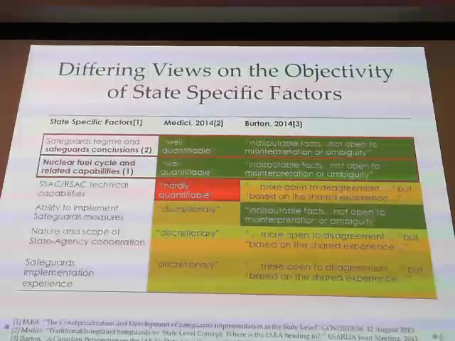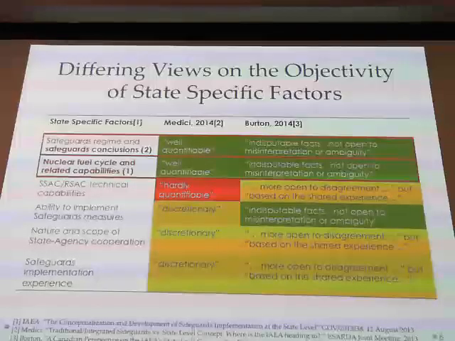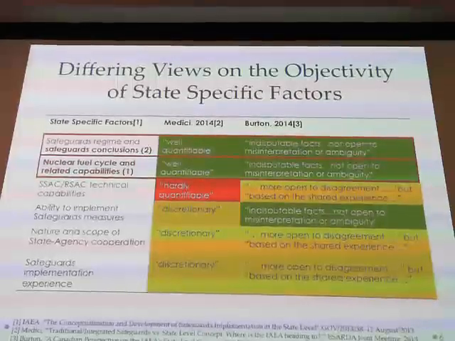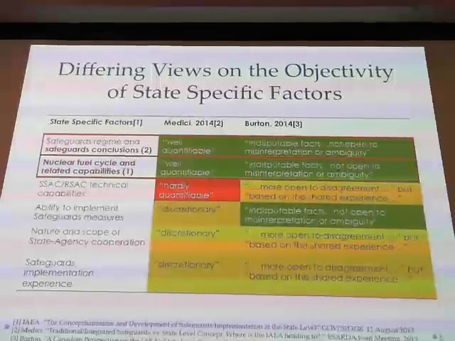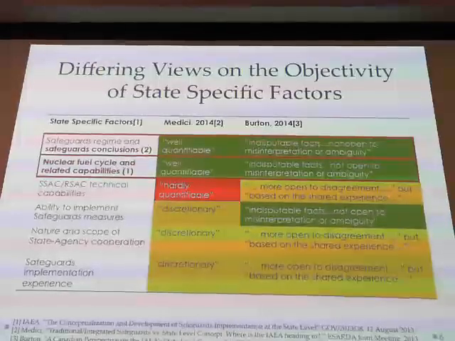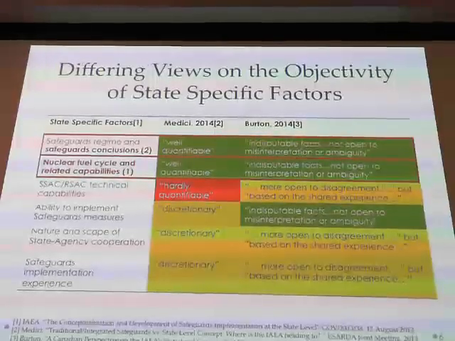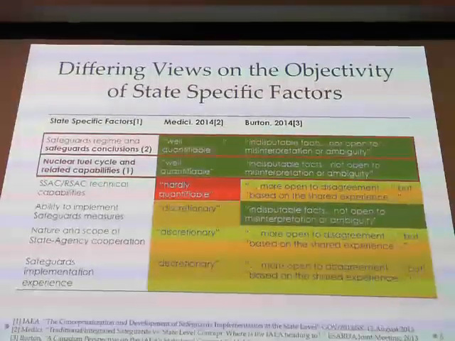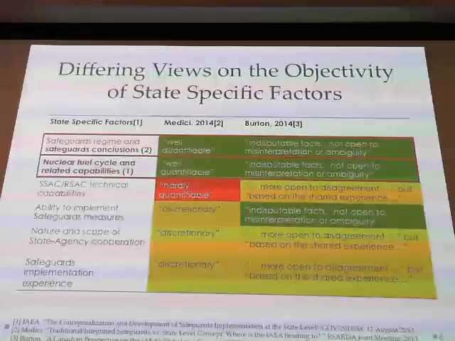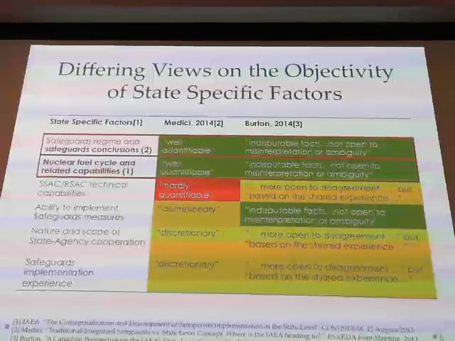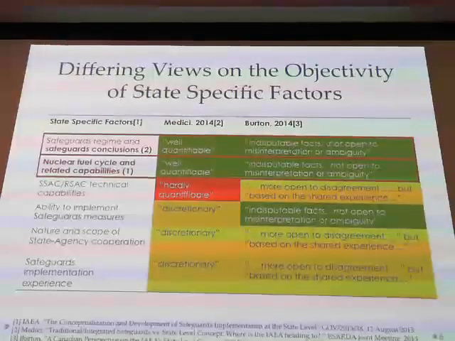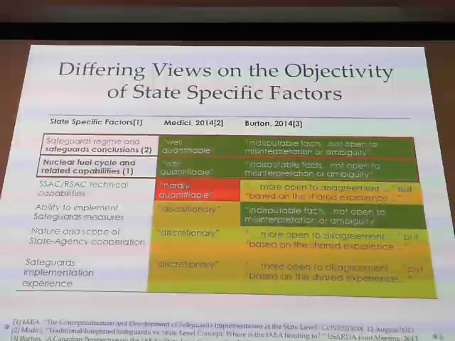And these are the safeguards conclusion, that is the broader conclusion, for instance, that an undeclared capability doesn't exist, and also the nuclear fuel cycle and related capabilities of the state. As I alluded to at the beginning, these are important because if one underestimates these capabilities, if in fact a state has a clandestine weapons capability and we underestimate their ability to have one, then this could lead to false negative errors, right?